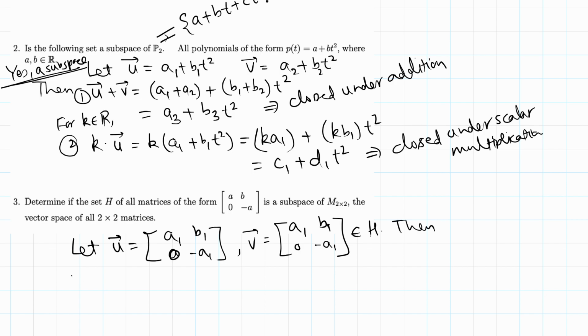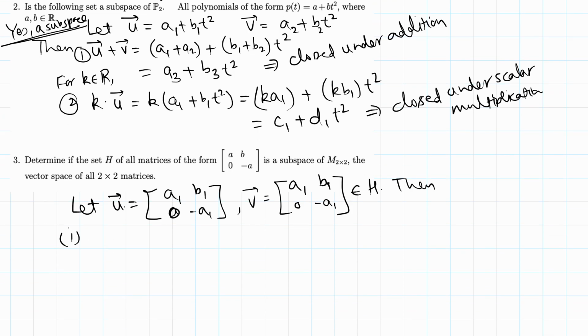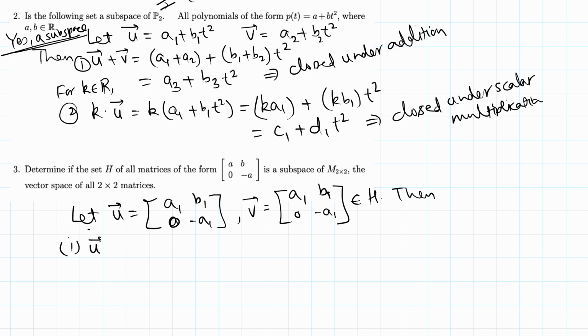Then if we add these two, U plus V is going to be A1 plus A2 here, B1 plus B2, 0 plus 0 is 0, negative A1 minus A2. I can pull the negative out, so negative of A1 plus A2.